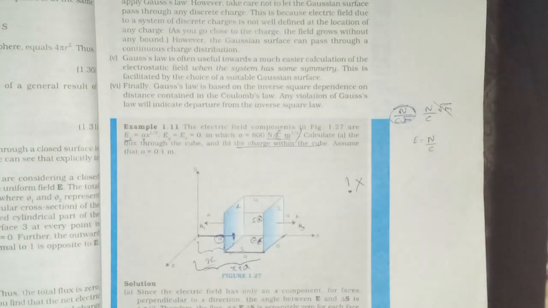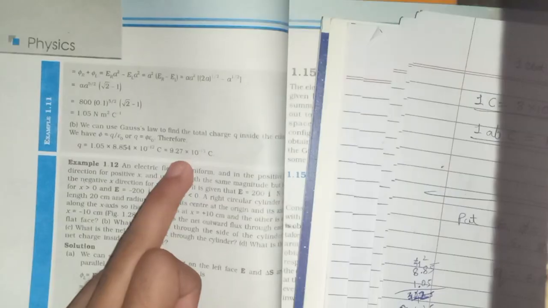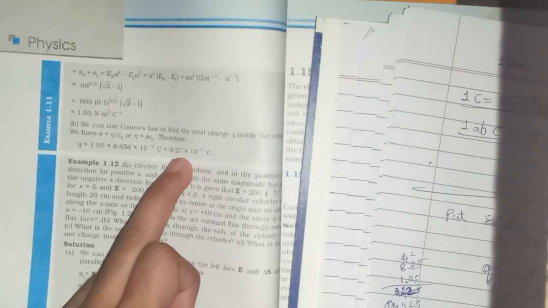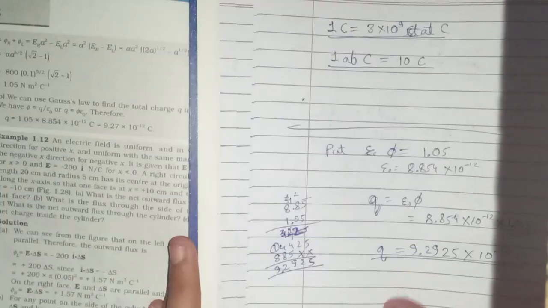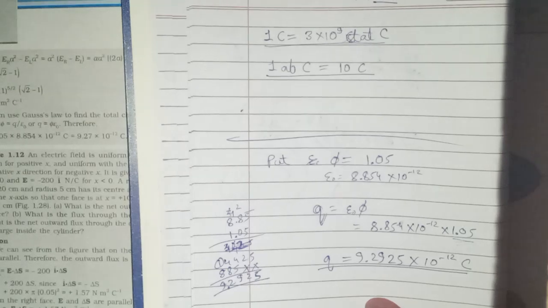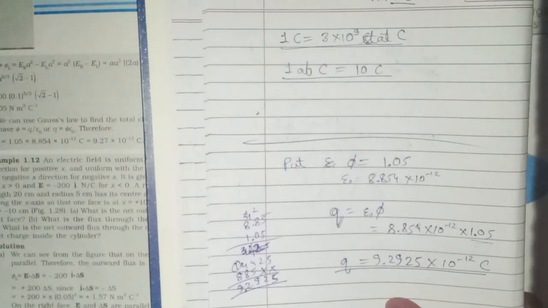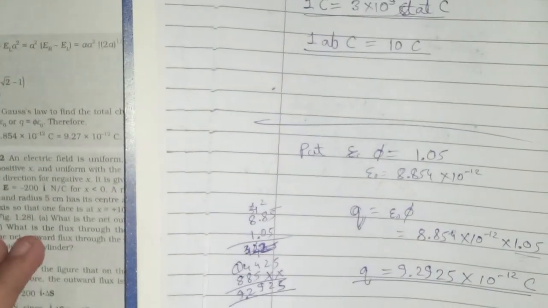Let's see, is it 9.29, and it's showing 9.27. Anyways, this much of error is okay. It doesn't usually matter at all.